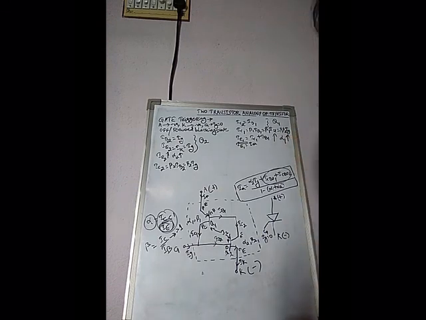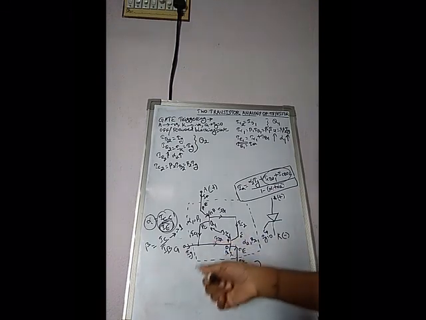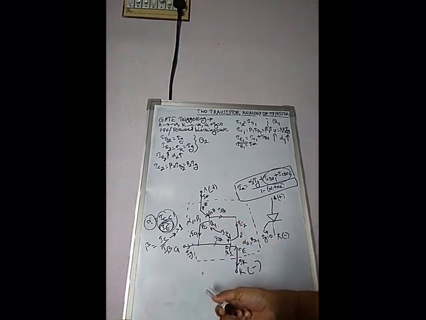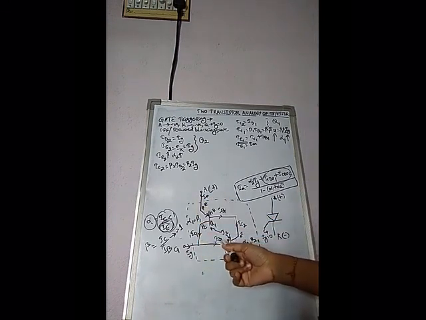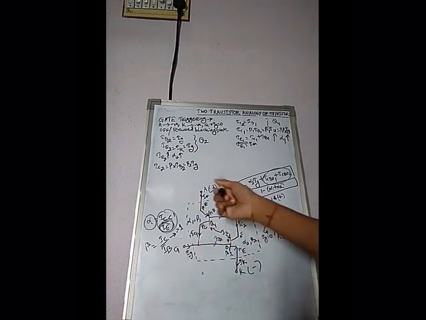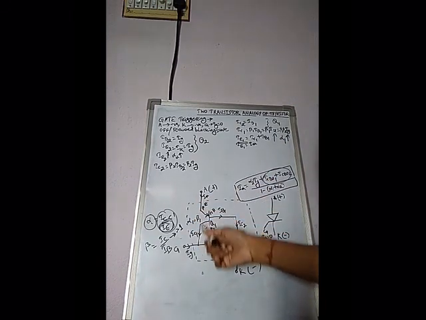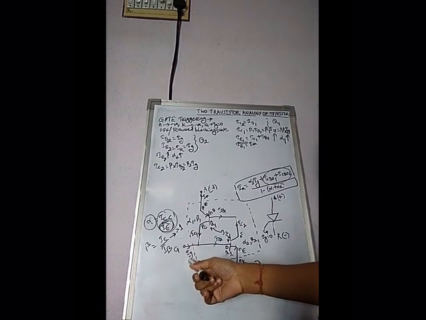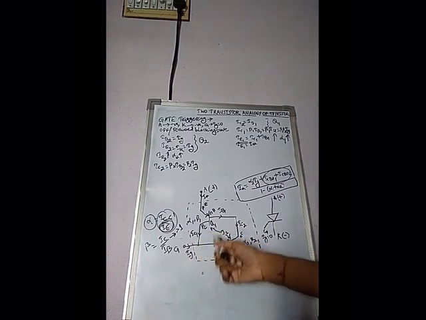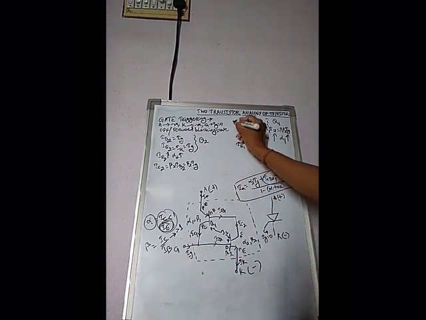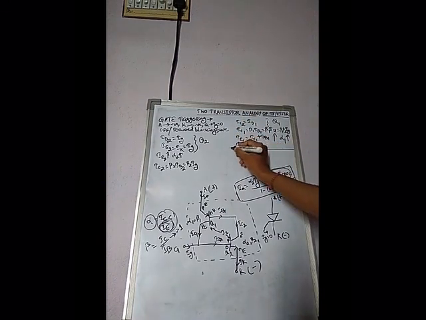After this part, what happens? Now the current Ig becomes Ig plus IC1, because once IC1 is established, the Ig is added up with the IC1 value.